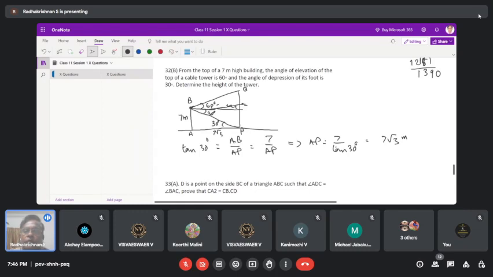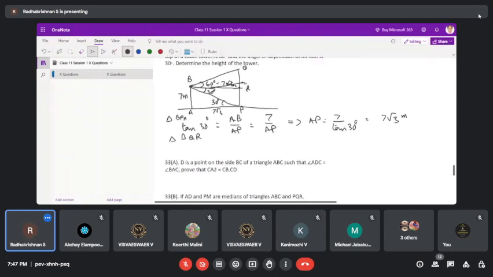So let's say this point is PQR. So this is also 7 root 3. This is from triangle BQR. So tan 60.